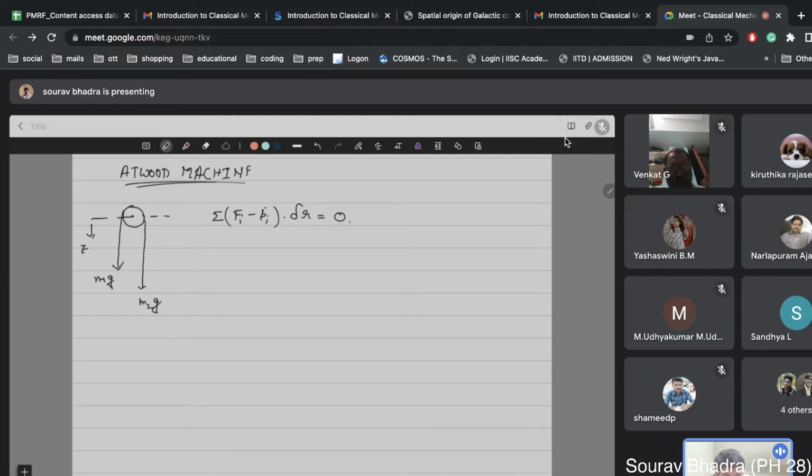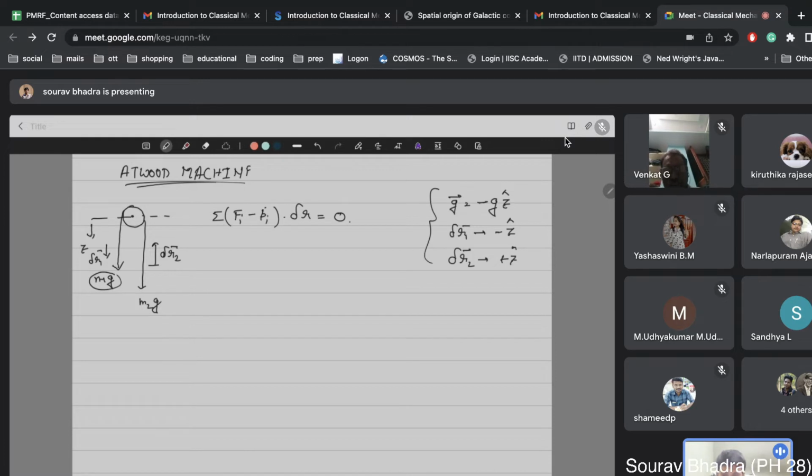Now in this case, let us take the displacement of this m1g mass along the downward direction, which is delta r1. And obviously if it is downward, then the other will go upward with displacement delta r2. Okay, so our gravitational force is actually acting along the minus z direction, delta r1 acting along the minus z direction, and delta r2 acting along the plus z direction.